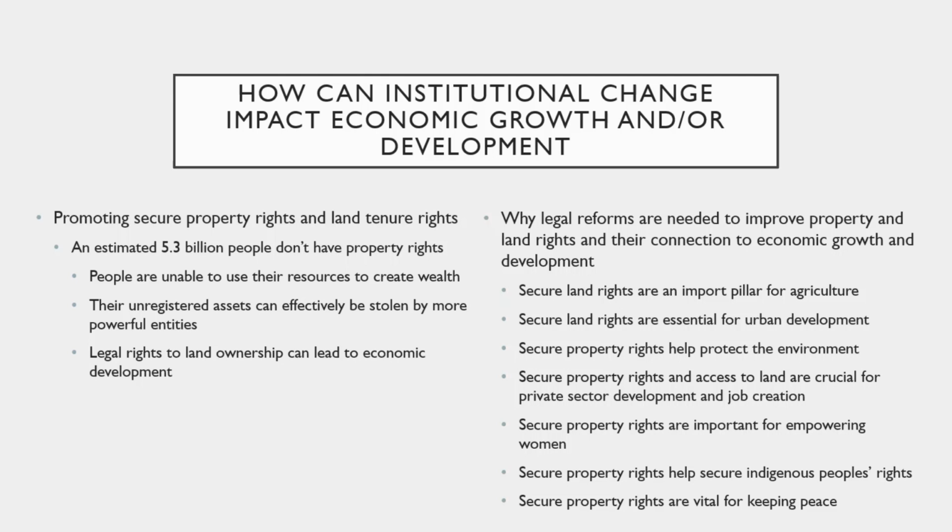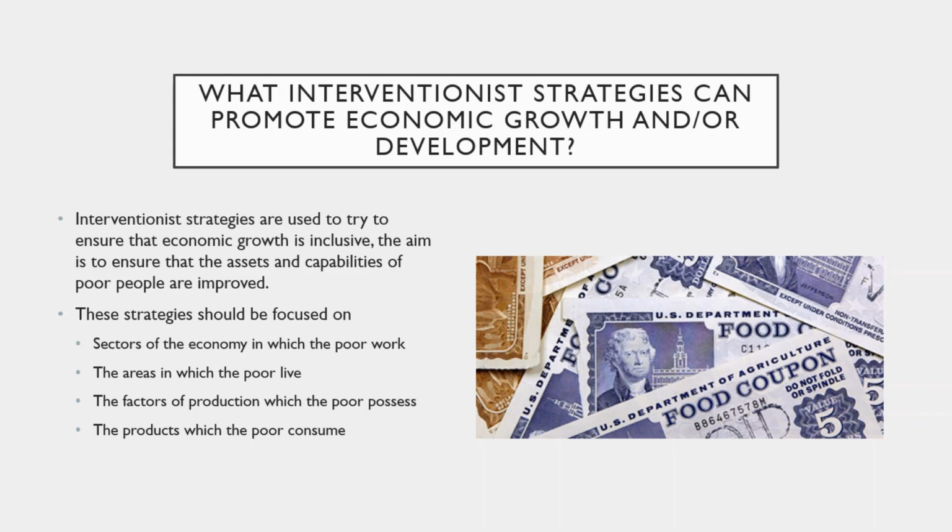So like promoting security and property rights and land rights. We already talked about that. Having secure legal reforms. These are examples of really important secure legal reforms that LDC countries should focus on. We could talk about interventionist strategies, how they could help LDC countries. These are where the government does get involved.